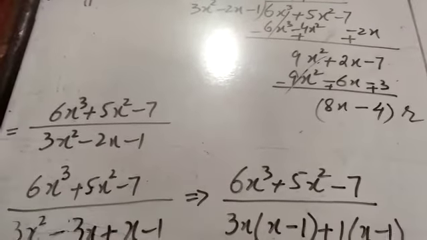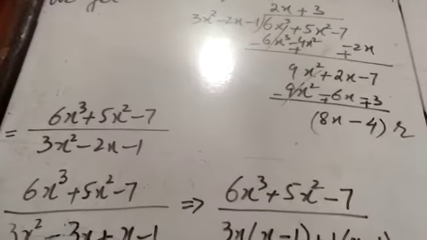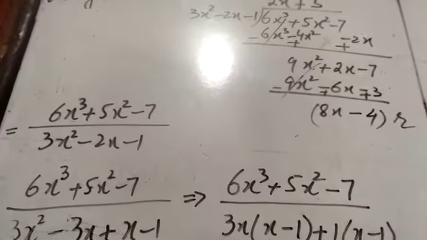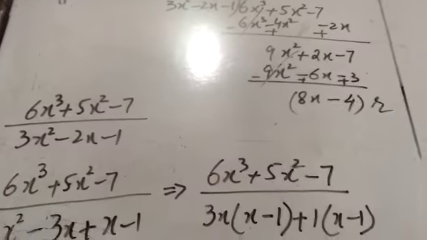Finally, the fraction will become 6x cube plus 5x square minus 7 divided by 3x plus 1 and x minus 1.